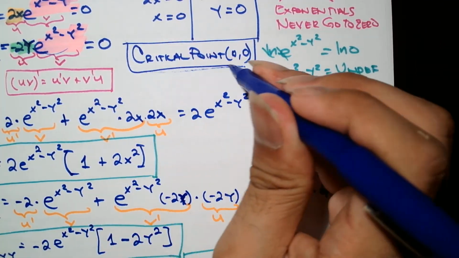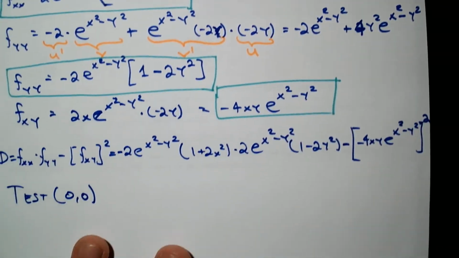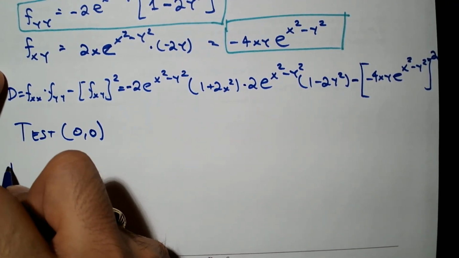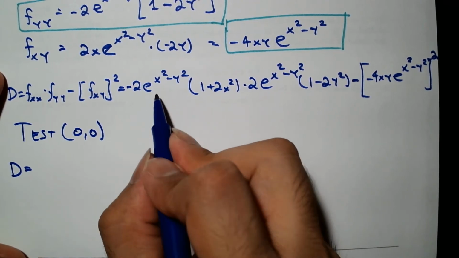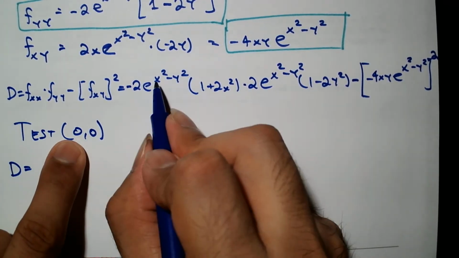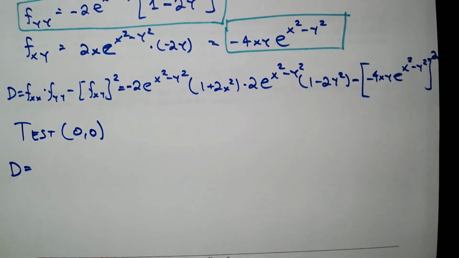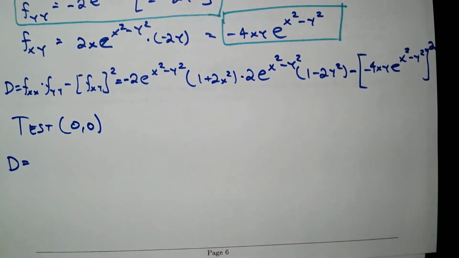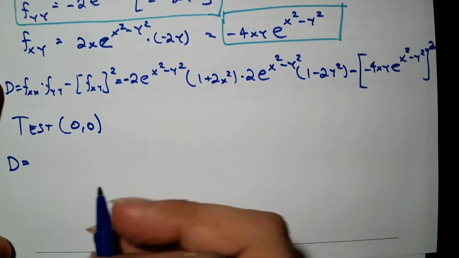After all the work that we do, we are only testing 1 point. So D will be, wherever you see the letters x and y, they are actually going to be 0, but be careful when plugging in. If I were you, I would write every single step.